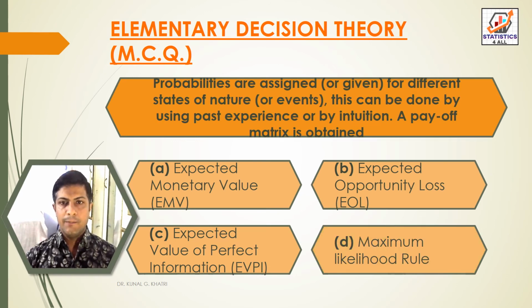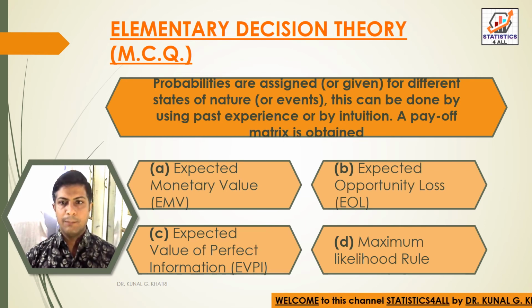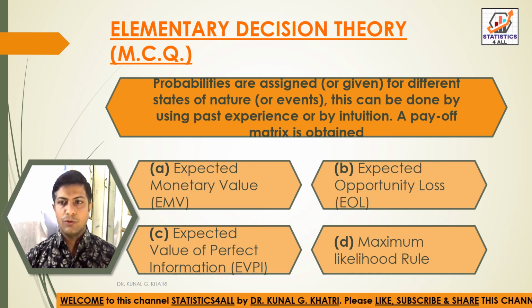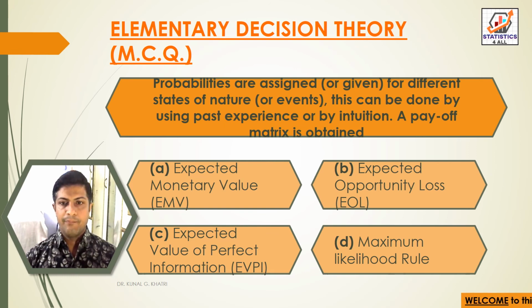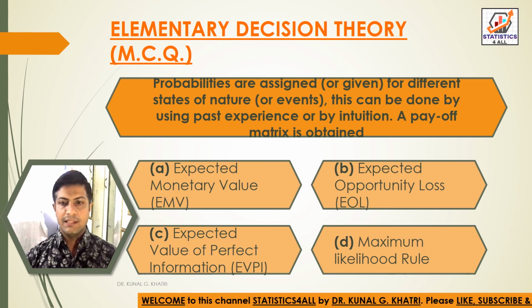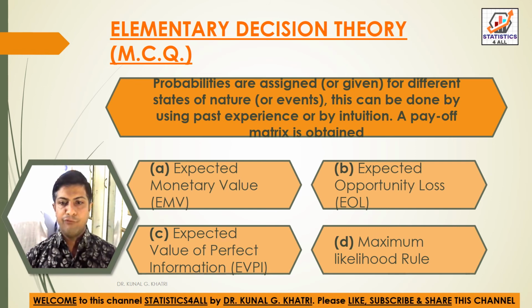Next question. Probabilities are assigned or given for different states of nature or events. This can be done by using past experience or by intuition. A payoff matrix is obtained. Option A, expected monetary value. Option B, expected opportunity loss. Option C, expected value of perfect information.